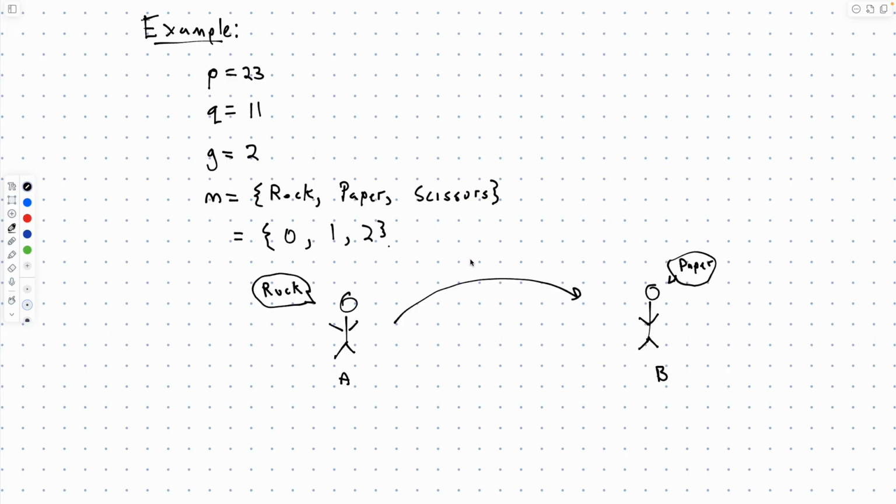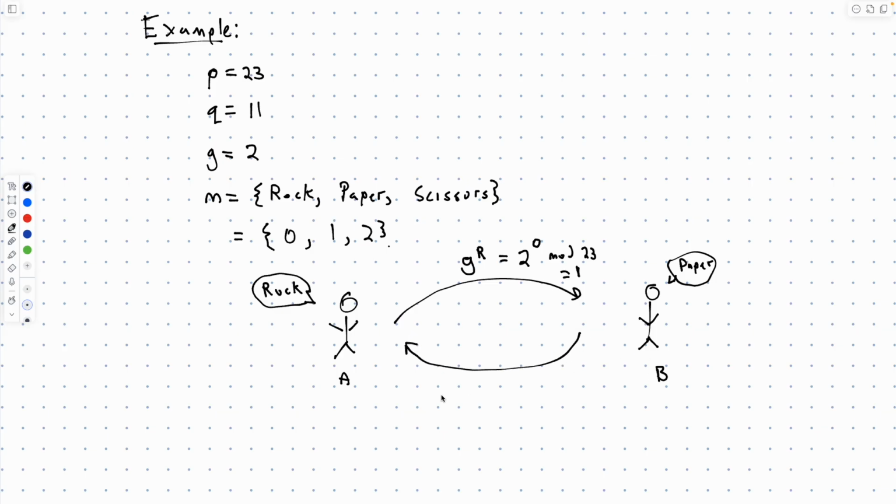So she's going to send G to the 0, right? So she's going to send G to the rock. So what's G? 2. Rock. Mod 23. We can go look it up in the table, but what do you think it's going to be? It's going to be 1, because anything to the power of 0 is 1. Okay. So she's going to send the number 1 to Bob.